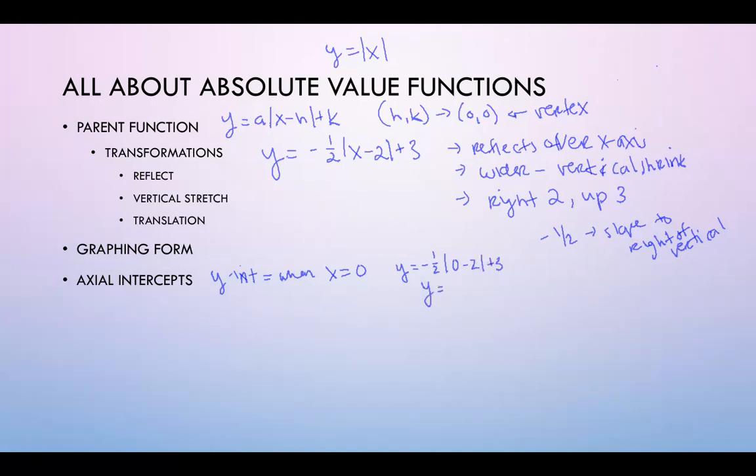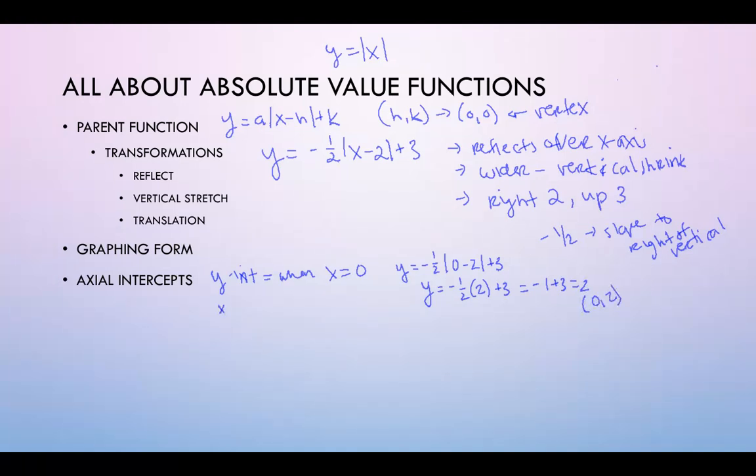To get rid of the absolute value signs, I'm doing 0 minus 2 is negative 2. Absolute value of that is 2, plus 3. Oh, that's just going to give me negative 1 plus 3, which is 2. Right, so my y-intercept would be 0, 2.